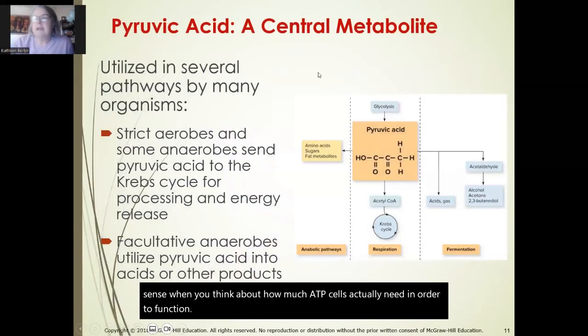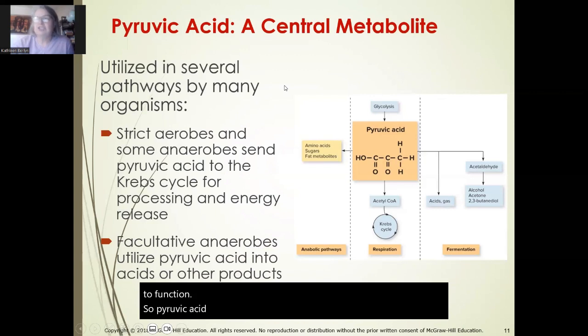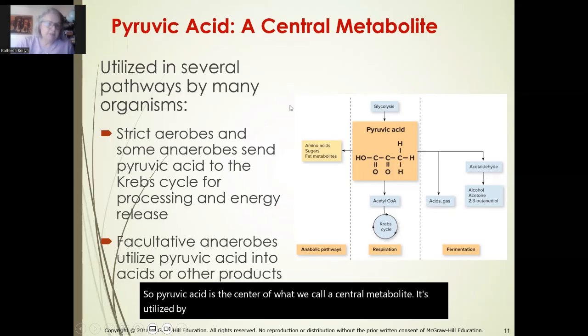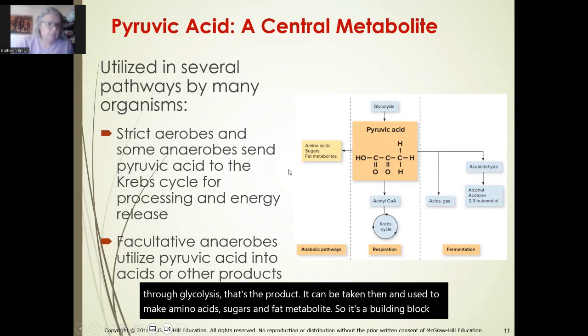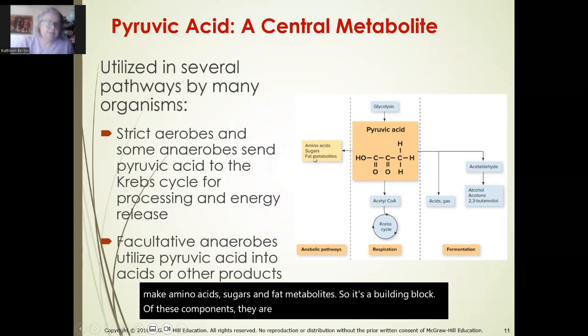So pyruvic acid is what we call a central metabolite. It's utilized by many different pathways in many different organisms. We can see here in this graphic, pyruvic acid is in the center. After coming through glycolysis, that's the product. It can be used to make amino acids, sugars, and fat metabolites, so it's a building block of these components that are needed to build cells.